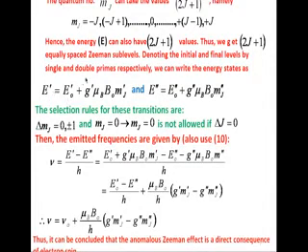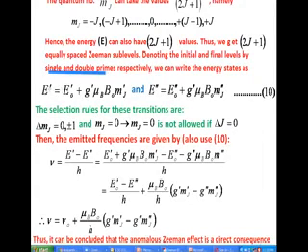So let us denote the initial and final labels by single and double primes. Whenever we write the energies, we know the energy equation: E is equal to E naught plus g mu_B B naught m_J. For the initial level it is shown with the single prime, and for the final state with the double prime. We also know the selection rules for the same, which are very important in every case.